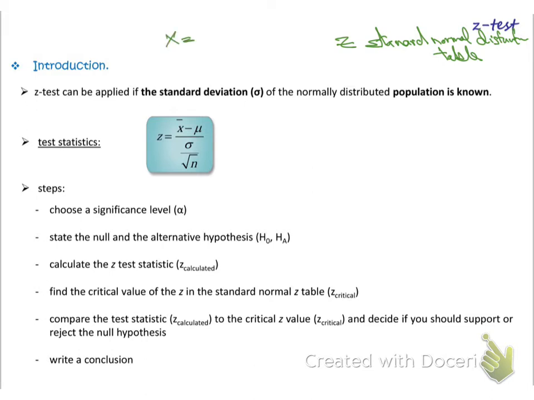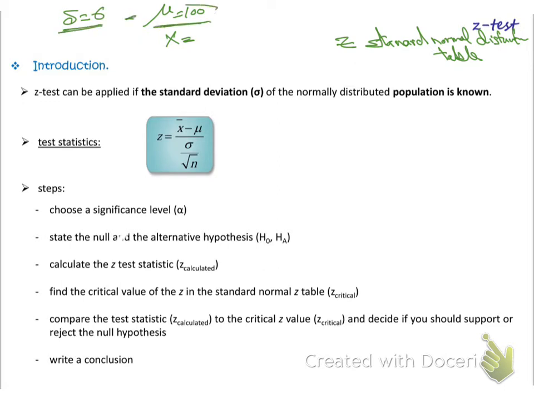x, any variable in a sample, because if we have a sample which has a mean, for example 100, and it has a standard deviation, for example, of 5 or 6 or 7, whatever. So I have a standard deviation and I have a mean.